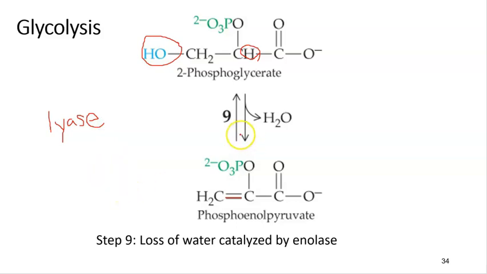So that's a dehydratase, which is like a subclass of that lyase. But we see that double bond is formed on the bottom there, and that generates phosphoenolpyruvate. The enzyme that catalyzes it, number 9, is named enolase.